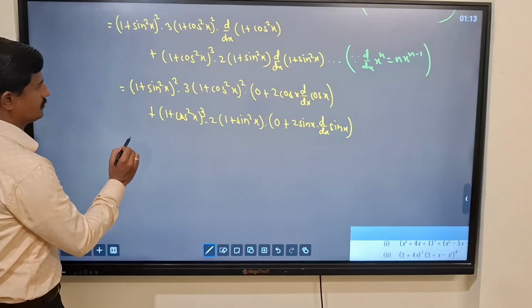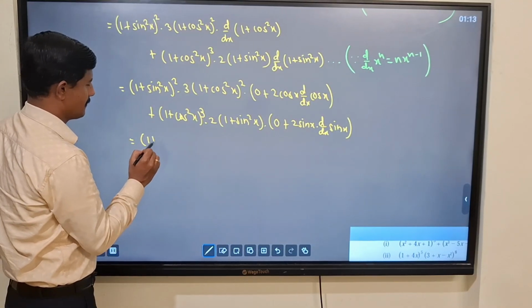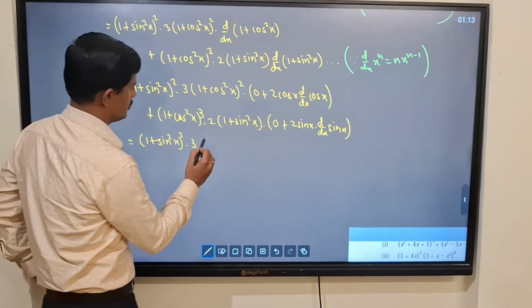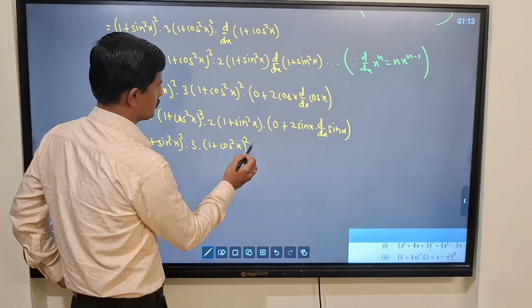Now next, (1 + sin²x)² into 3 into (1 + cos²x)².